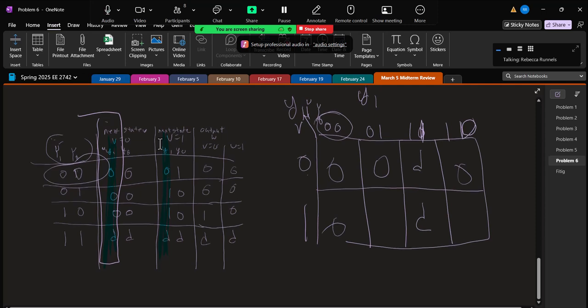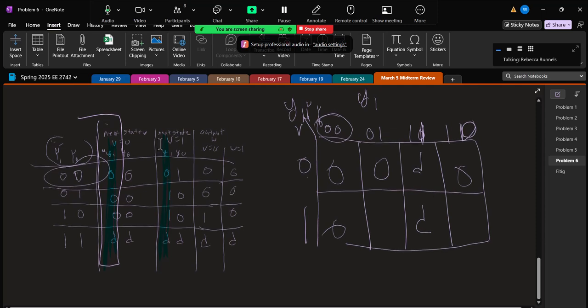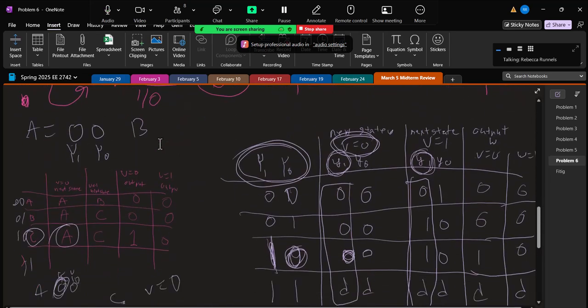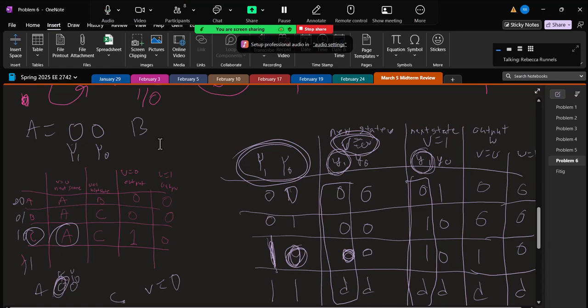So when I'm filling out my K-map for y1, I get my y1 columns from my next states. These numbers across the top correspond to these states right here. V equals 0 corresponds to whether I'm here, V equals 0, or V equals 1. So when I'm filling out the V equals 0 row, I'm looking at my next state column when V equals 0. And I see in my next state column when V equals 0, y1 is 0, 0, 0, and don't care.